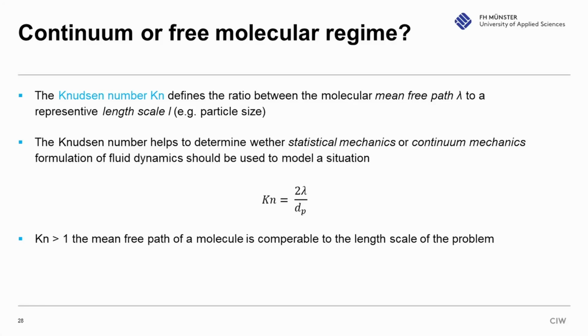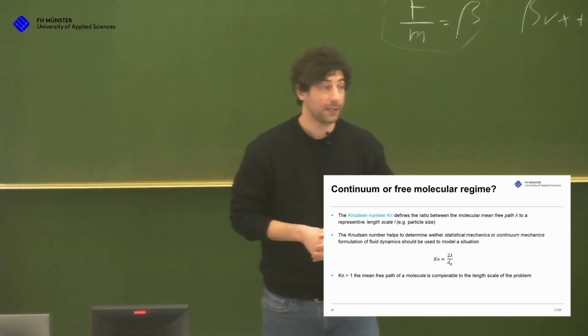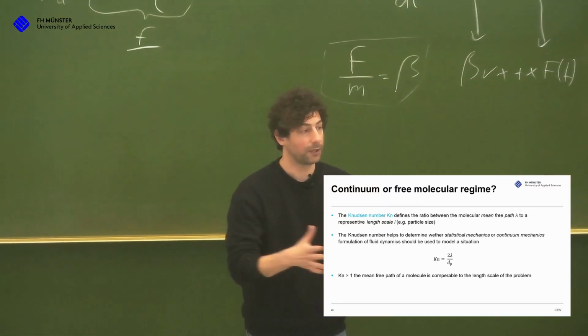And to figure out in which regime we are, so which equations we can take, we have the so-called Knudsen number. And the Knudsen number is a very simple equation. As you see here, the Knudsen number defines the ratio between the molecular mean free path, lambda, and a representative length scale. The representative length scale is always very easy, the same as in the Reynolds number, it's the particle size.